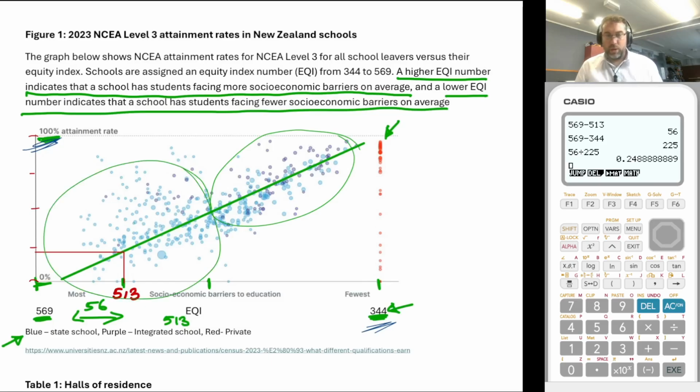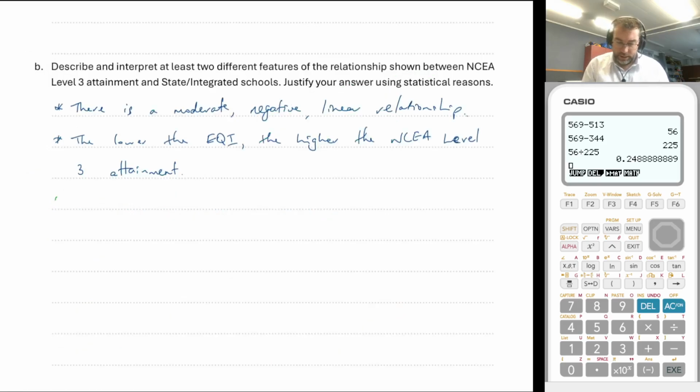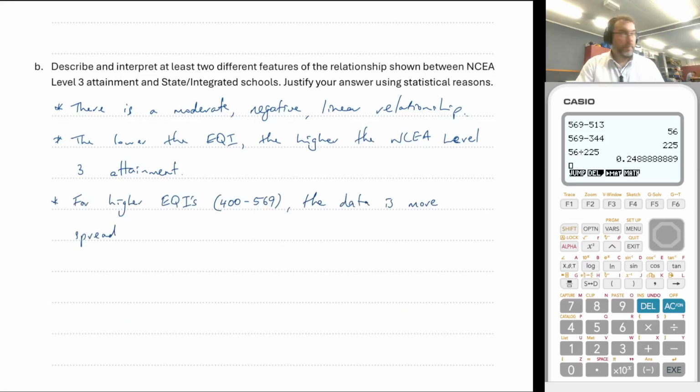So where the EQI is higher, the data is more spread. So I can simply write that as a statement. We can also write a statement about the private schools because we pretty much ignored that. Although when I read the question again, I can see the question specifically talks about state integrated schools, so we're not going to do that. So that's probably enough there.